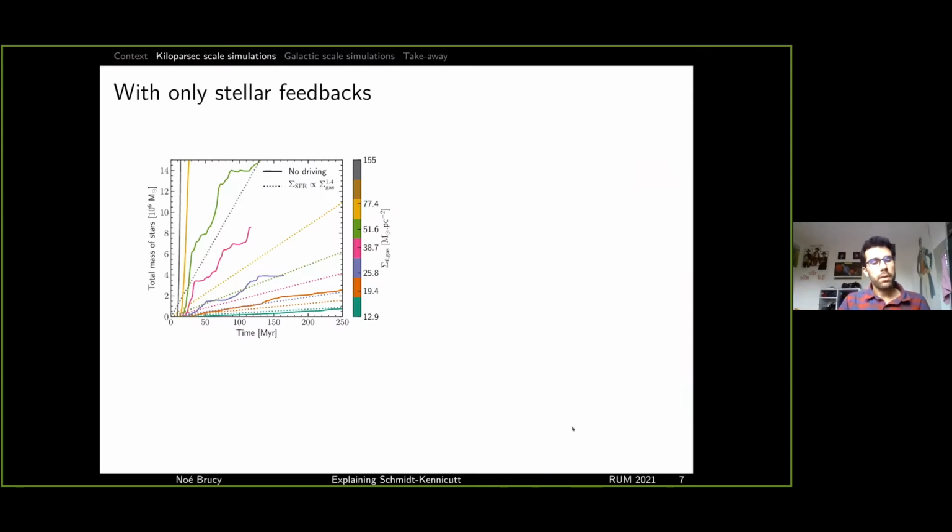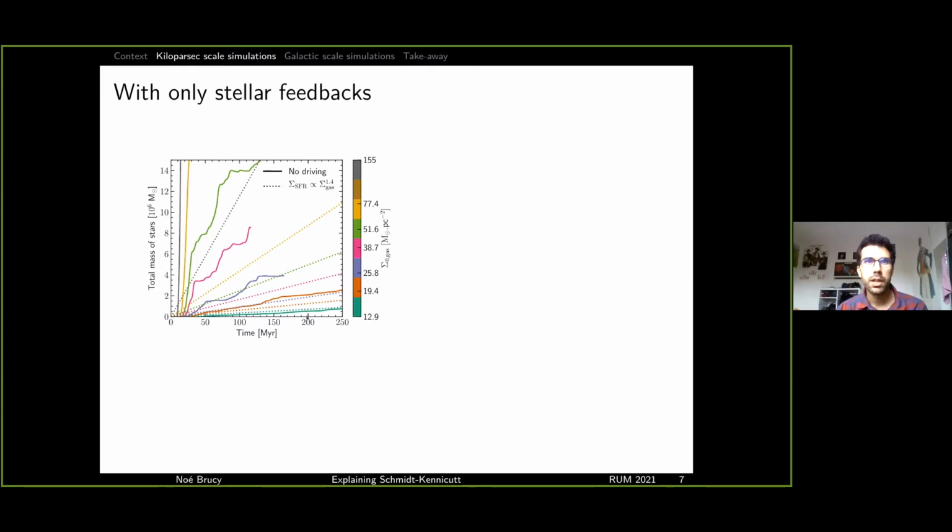We can then try to measure the star formation rate by looking at the mass that has been accreted within the stars. These are the solid lines for each simulation with different column densities. We compare it to the stellar mass we can expect if the star formation rate was constant and equal to the one given by the Schmidt-Kennicutt law.